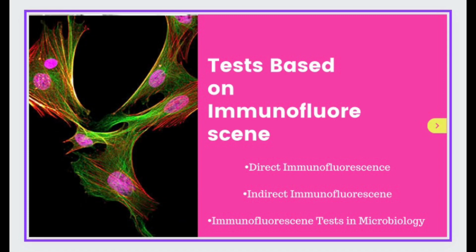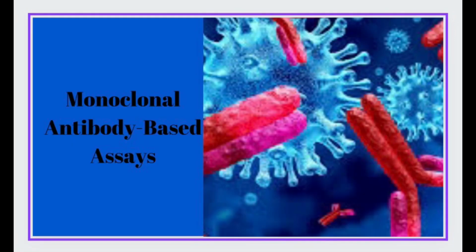The last is the immunofluorescence test in microbiology. It can be used to identify isolated organisms, to identify infectious organisms in tissue biopsies or exudates, and also to diagnose an infection through the demonstration of the corresponding antibodies. Let's move on to the monoclonal antibody-based assays. The production of monoclonal antibodies involves two cell populations and three major steps.